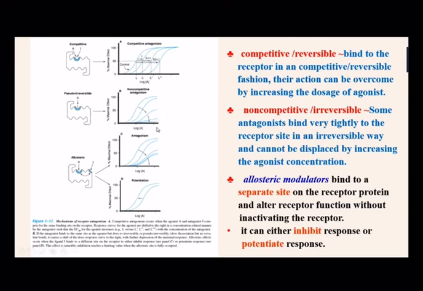Its action cannot be displaced by increasing the agonist concentration. C and D are allosteric modulators. They bind to a separate site on the receptor protein and alter receptor function without inactivating the receptor. They could either inhibit response or potentiate response.